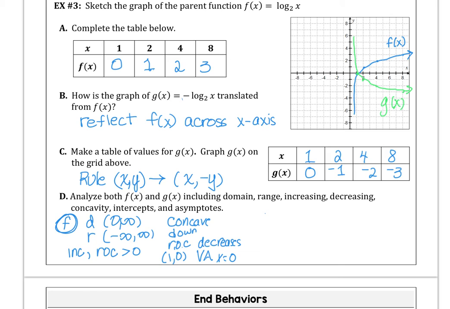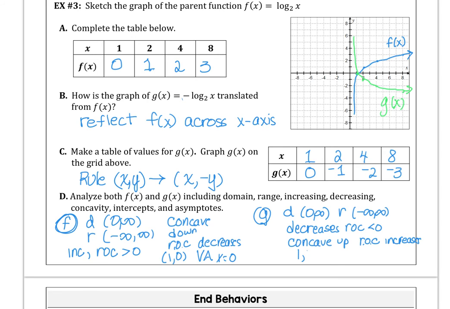And analyzing g of x, the domain stays the same, 0 to infinity. The range is all reals. We've got a decreasing function because the rate of change is negative. We have a concave up graph on the green graph, and the reason it's concave up is because the rate of change is increasing.